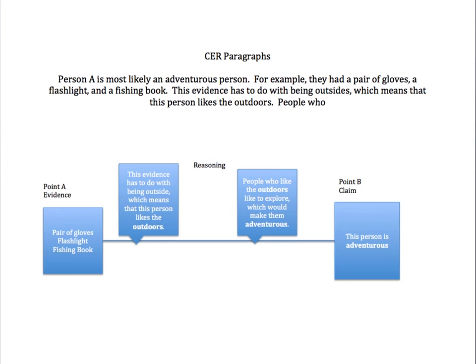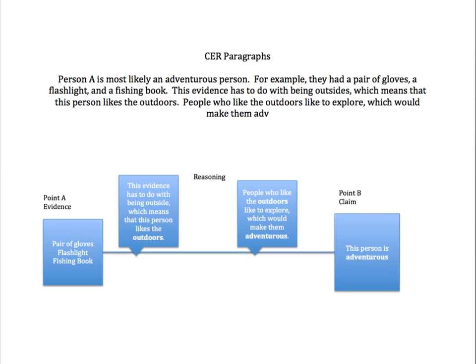People who like the outdoors like to explore, which would make them adventurous. Okay? So this here is a really broken down way of being able to explain to the reader your claim, evidence, and reasoning in a very clear way. Thanks for listening.